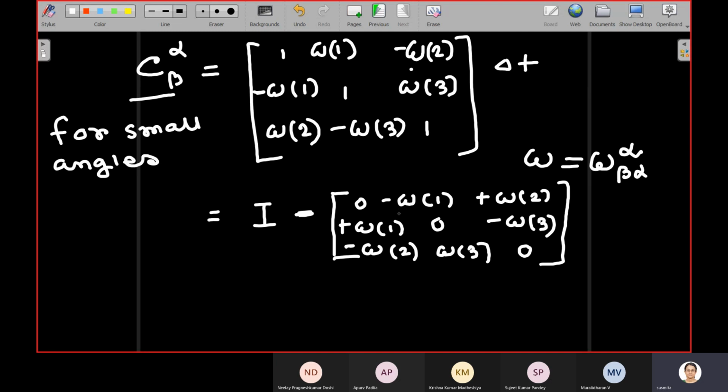Now this omega is nothing but this omega. So this we can write as the skew symmetric matrix. We will write this as capital omega.